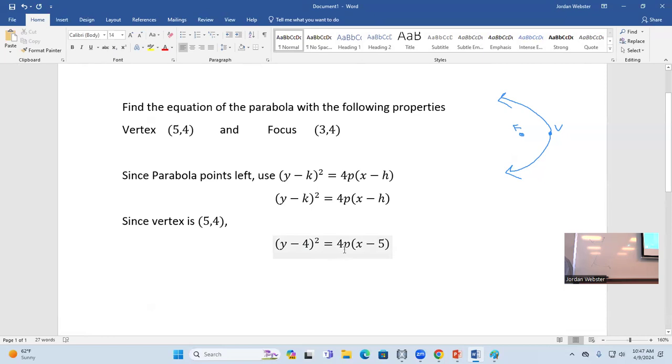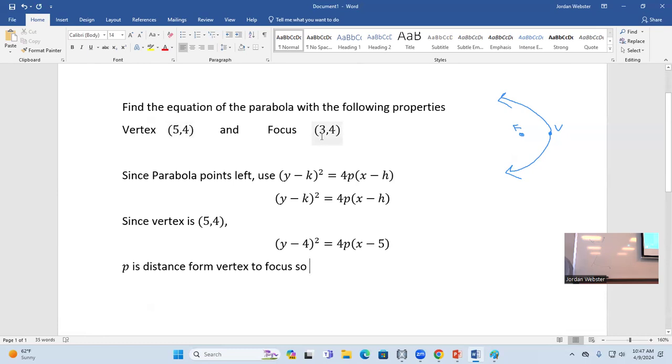Now, what about the p? Well, p is the distance from the vertex to the focus. So in this case, it's pretty easy to see. Only the x value changes.